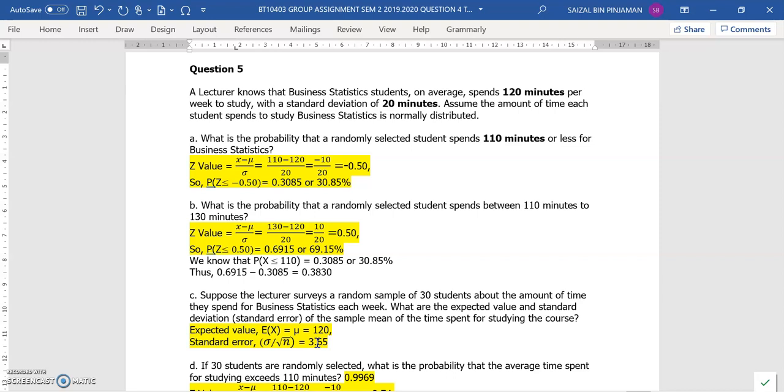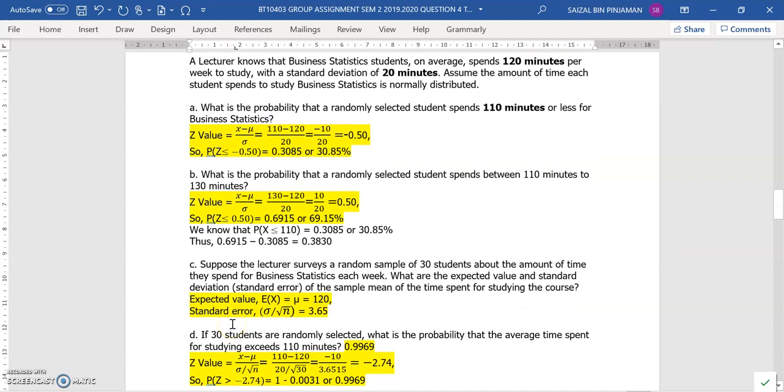So it is very important to identify the standard deviation based on our sampling, because in order to convert the x value into the z value, when we want to estimate the probability for a normal distribution based on a sample of, say, 30 students, we have to first convert the standard deviation into a standard error.